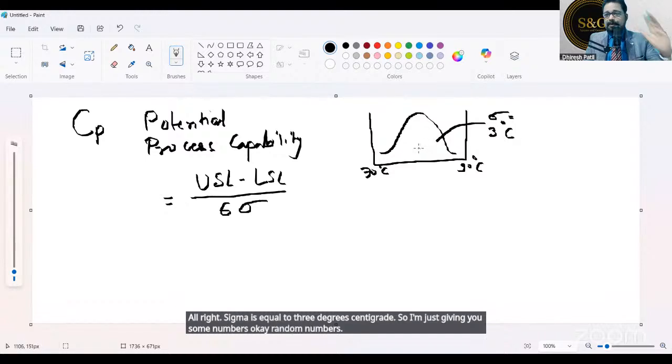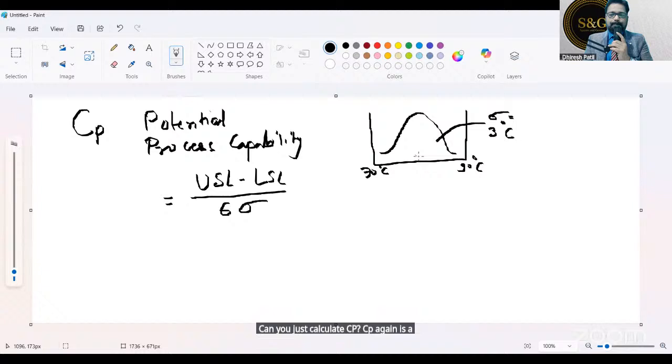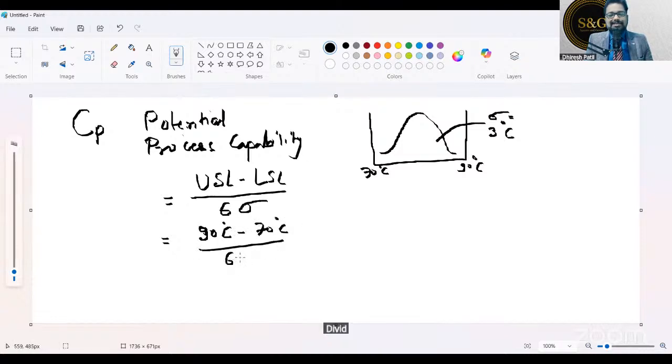Can you calculate CP for me? CP again is a process capability number. So USL and LSL, 90 and 70. So 90 minus 70 divided by 6 into 3. Can you just calculate this and give me the answer in the chat box? So which is 90 degree minus 70 degree divided by 6 into 3 degree centigrade, right?